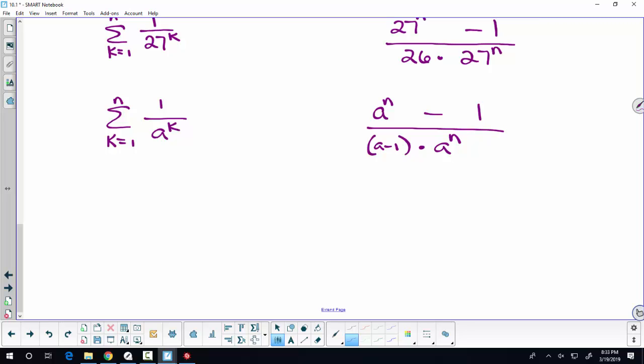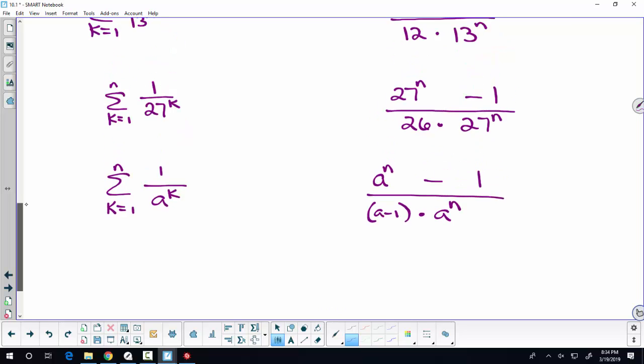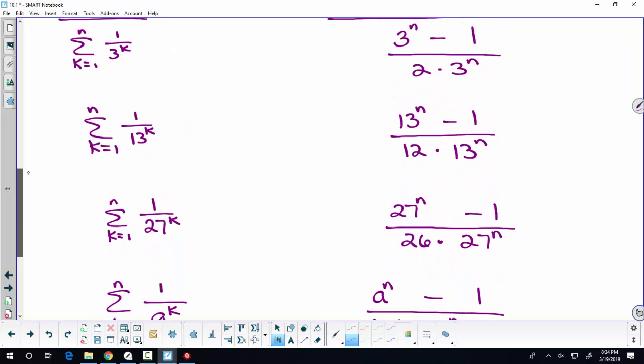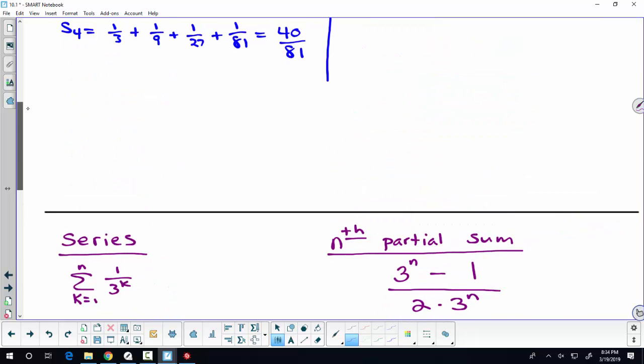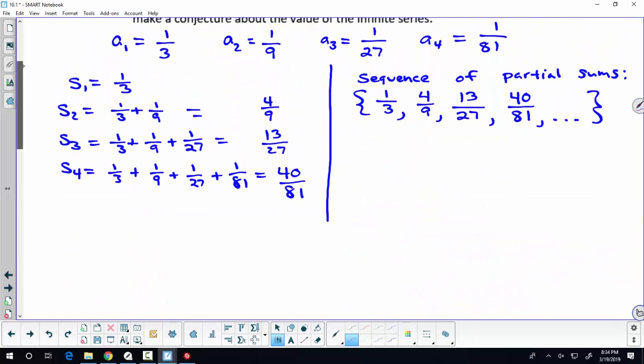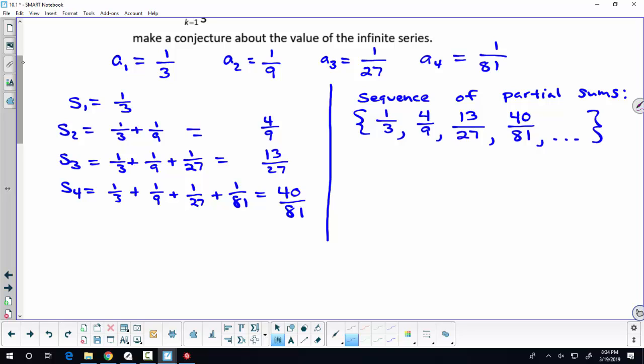And again, the a to the n minus 1 over a minus 1 is the numerator, and the denominator for these types of partial sums is always pretty easy to tell. It's just that number to the power n. Okay. There's our nth partial sum formula for this sequence of partial sums we listed.